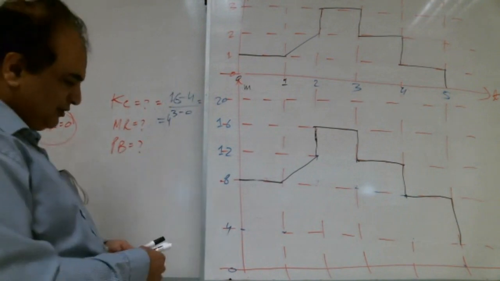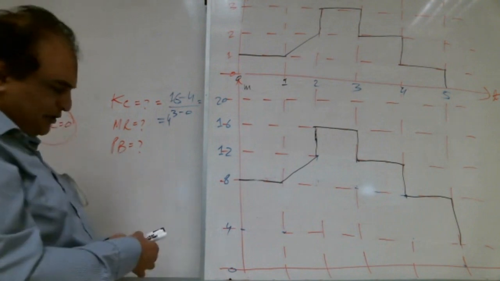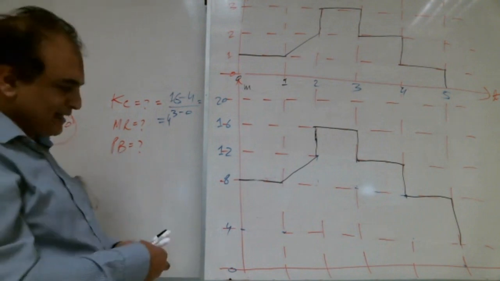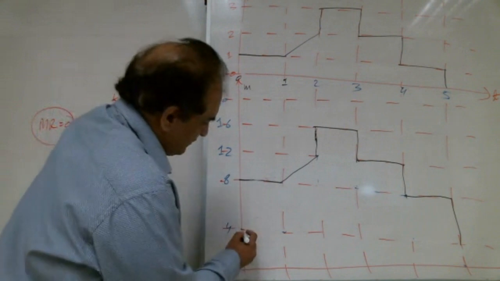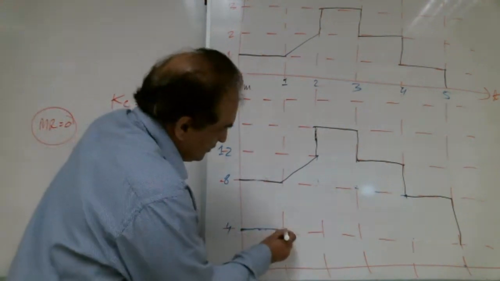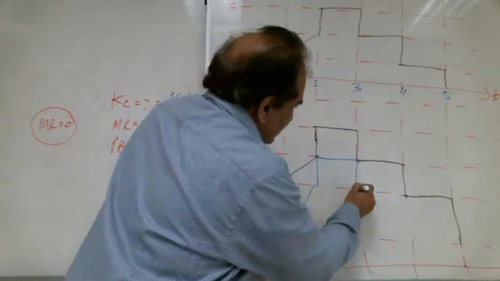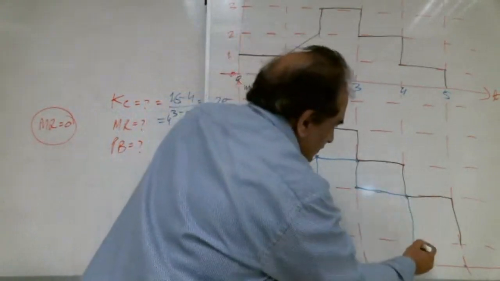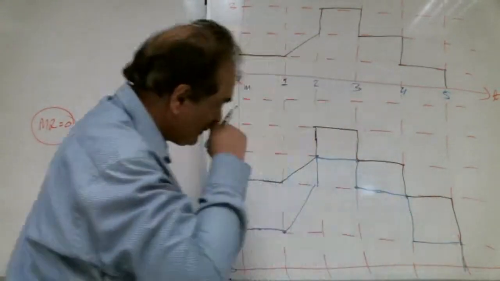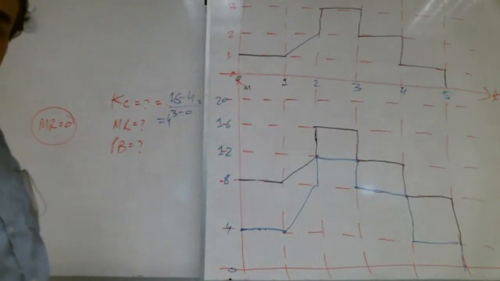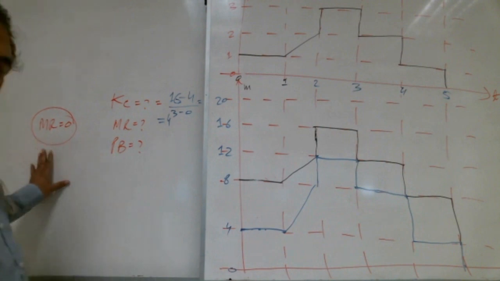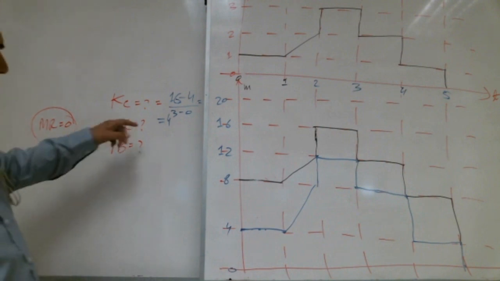So if we assume MR is 0, the output should be like this, this blue. Shabab with me? We assume MR is 0. We found the gain.